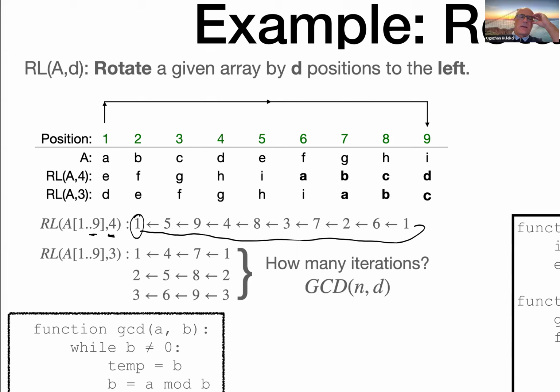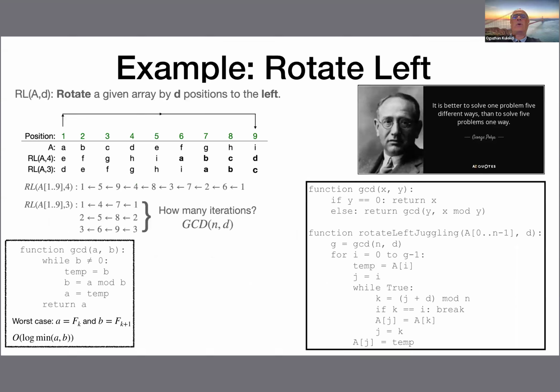But since 9 and 3 are not relatively prime, and their greatest common divisor is equal to 3, you will need 3 cycles. You will start from the first position, then the second position, then the third position. You will be repeating the same thing. However, you will need GCD number of iterations.